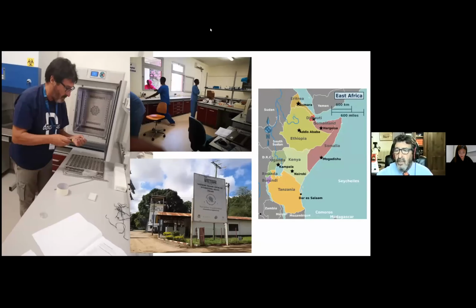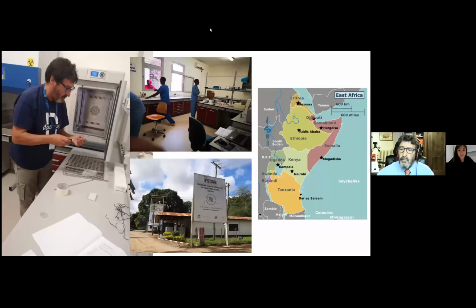Since 2013, I have started cooperating with an Italian non-governmental organization, which is called SEMUS, whose mission is to improve lab medicine in developing countries. At present, SEMUS is operating in the East Africa regions.